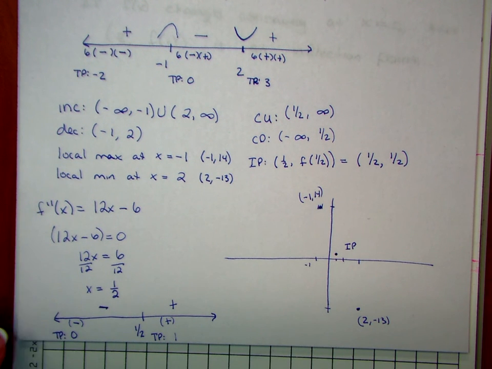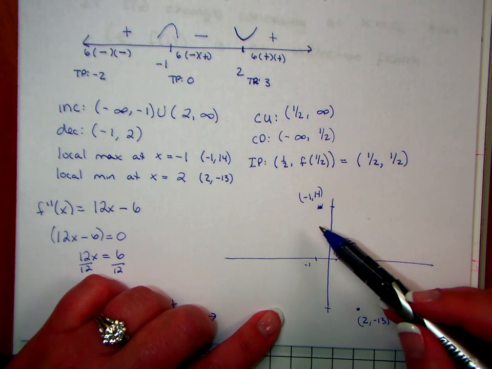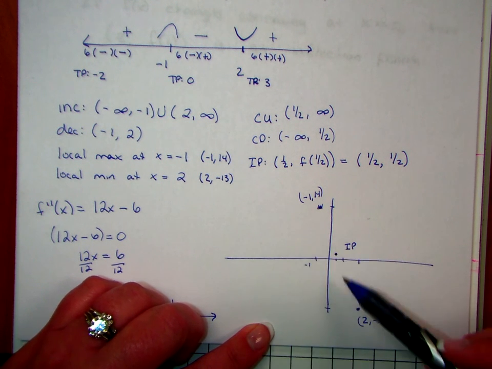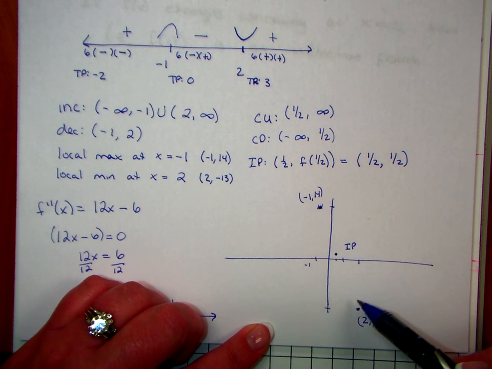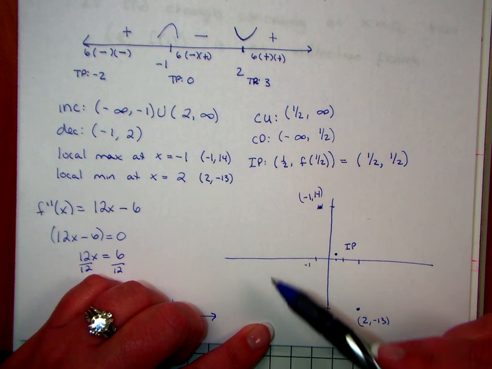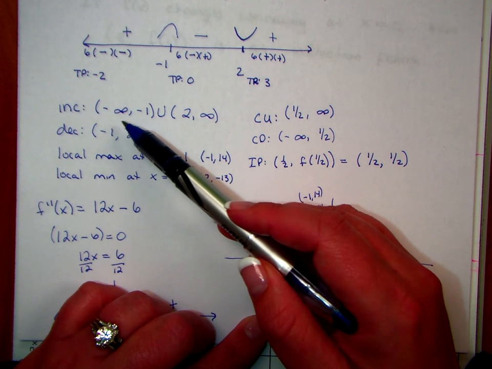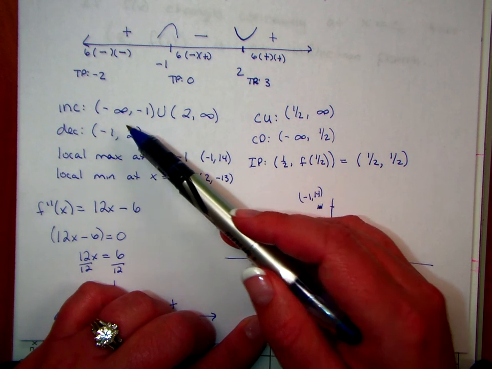All right, so this graph has got to look like a cubic, a positive cube. It's got to come up, come down, and do something like this. But I want you to be really careful about your concavity. This function is going to start off increasing, and it's going to increase all the way to -1.